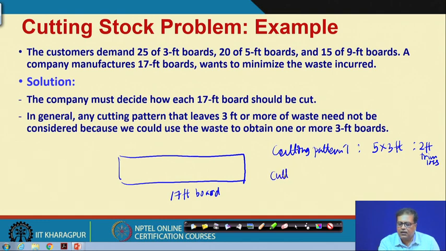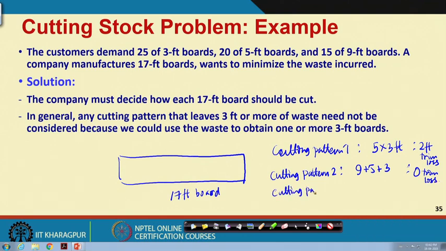Then there was cutting pattern 2, that was 9 plus 5 plus 3. If you do that, then there is no trim loss. Think of another cutting pattern, cutting pattern 3. How about 3 5 feet, right? Again we have 2 feet trim loss.